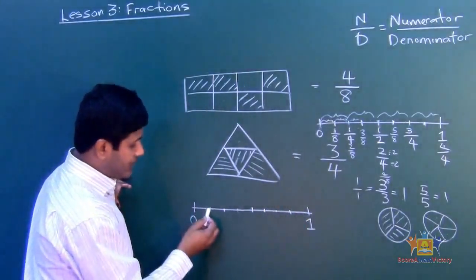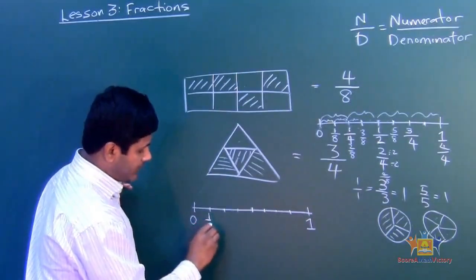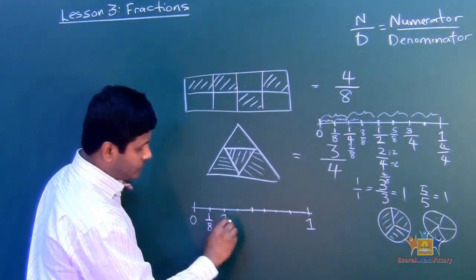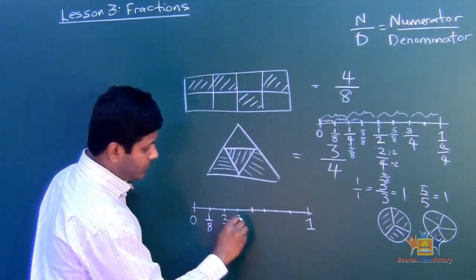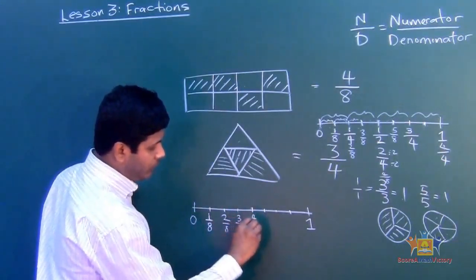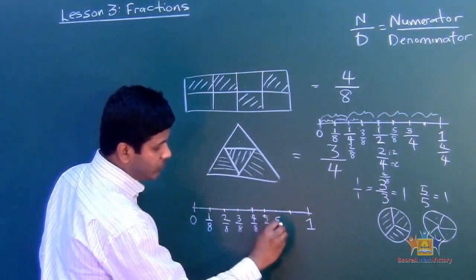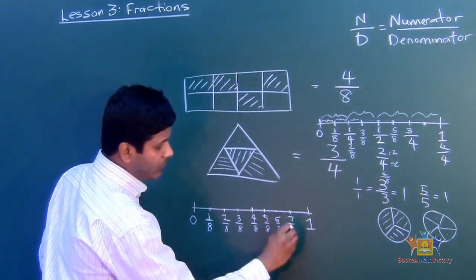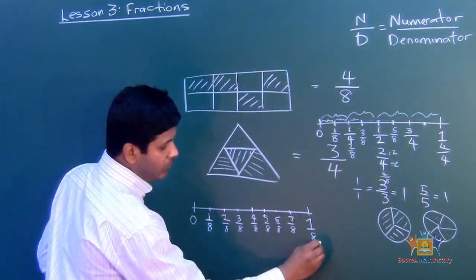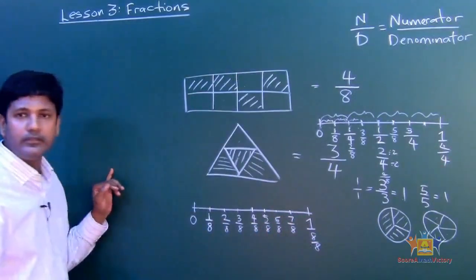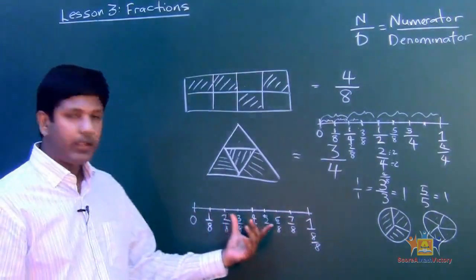That means each section is 1 over 8. The next one becomes 2 over 8, then 3 over 8, 4 over 8, 5 over 8, 6 over 8, 7 over 8, and this will be 8 over 8. That's how you break it.